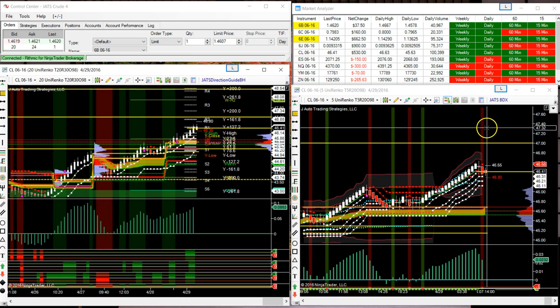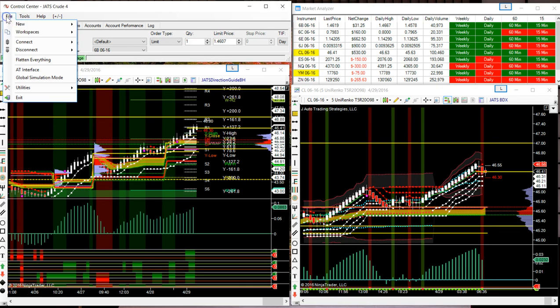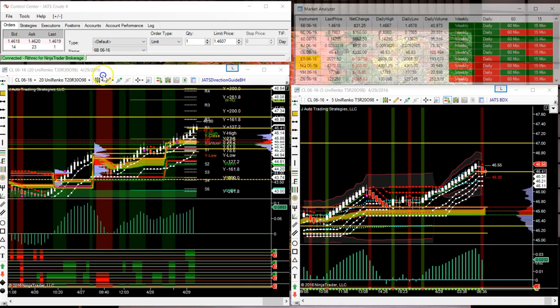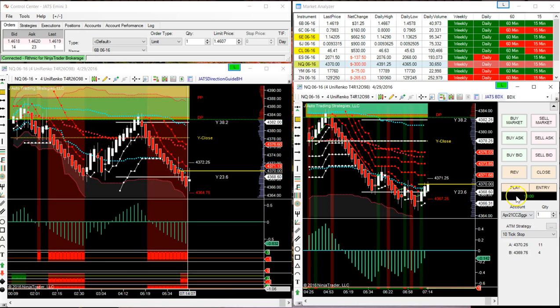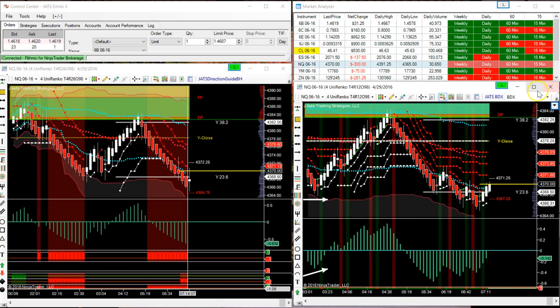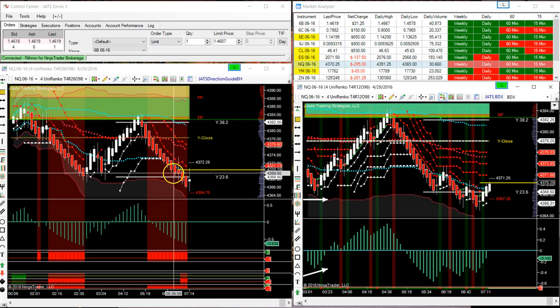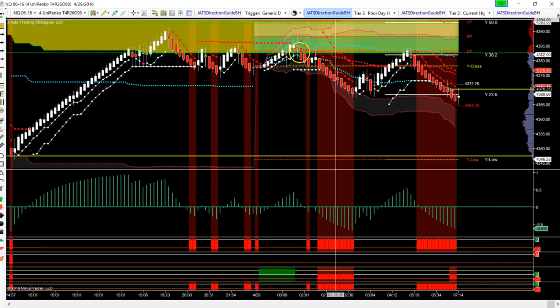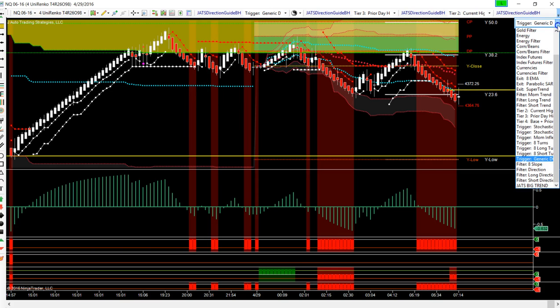So as far as the other markets, the NQ I'm looking at also. And as you can see, the direction guide strategy on the generic is telling me to stay short.